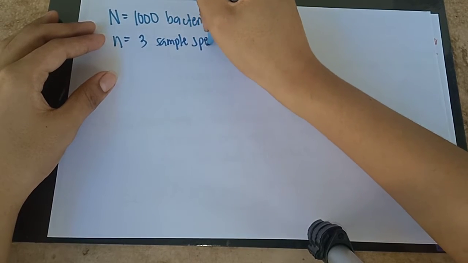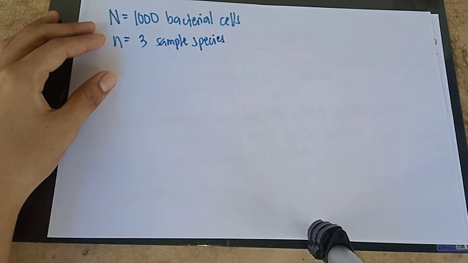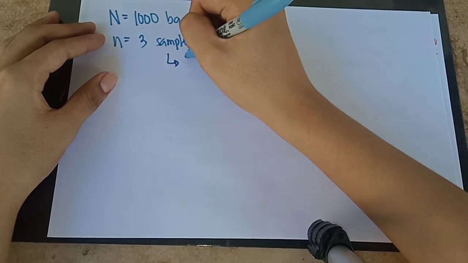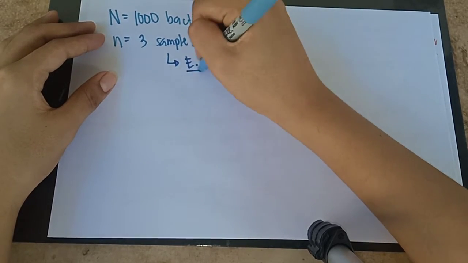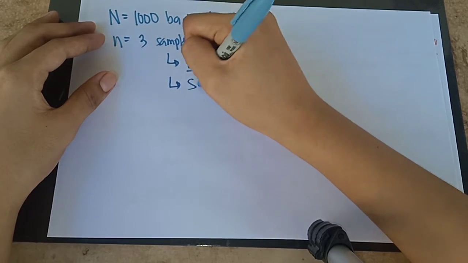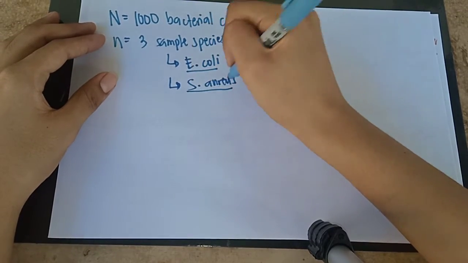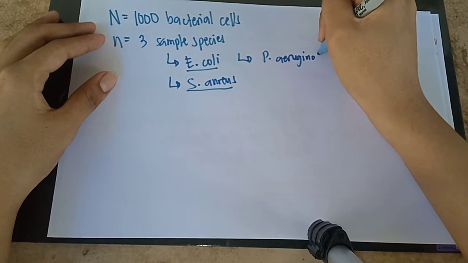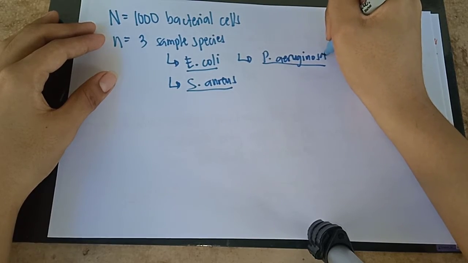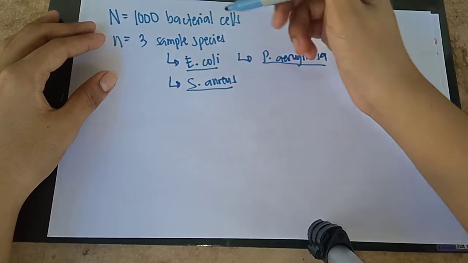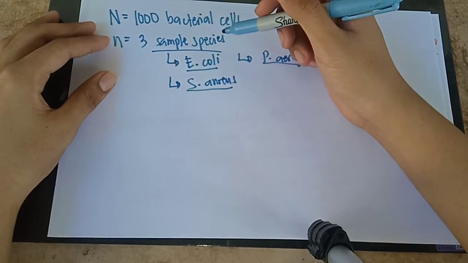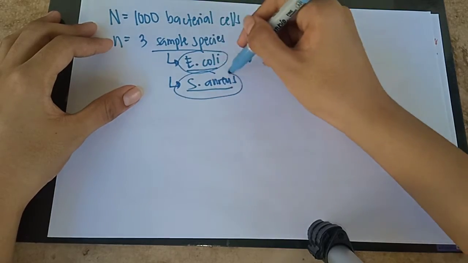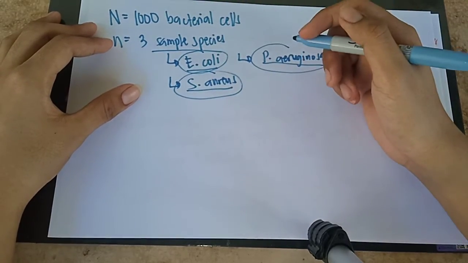And these sample species are the following: Escherichia coli, Staphylococcus aureus, and Pseudomonas aeruginosa. So these are the 3 bacteria that are the sample from the 1,000 bacterial cells. Now, each sample species has its own population.